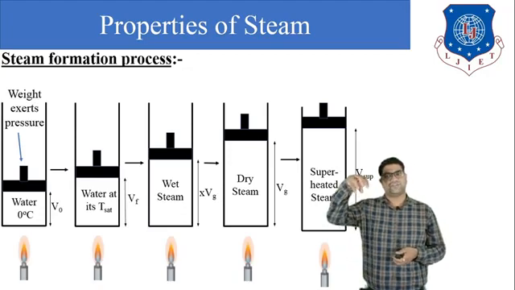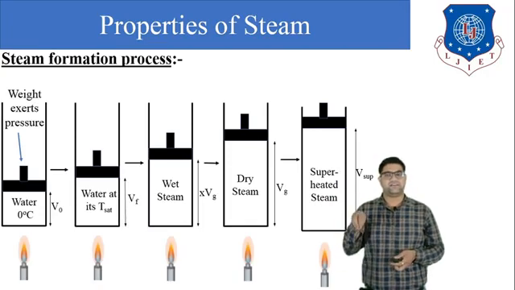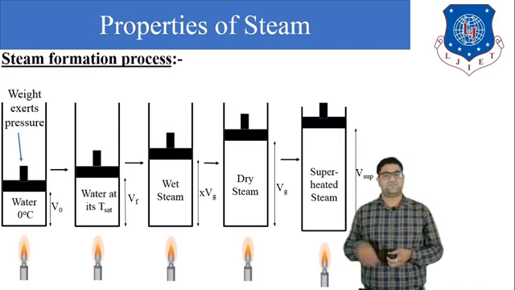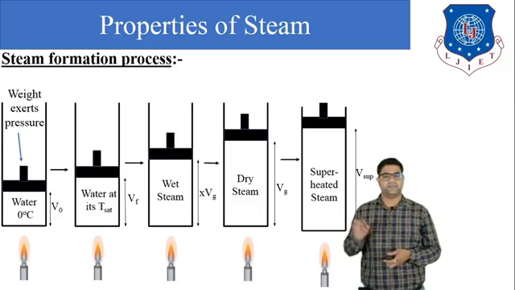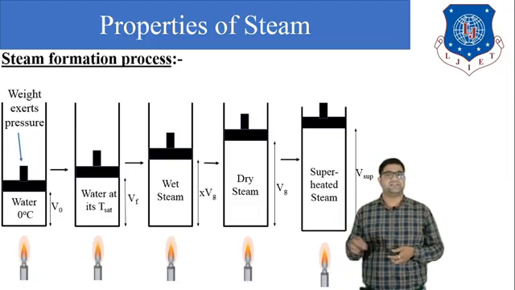We have put some extra weight over the water, and that weight indicates the pressure. So we have already applied some external force over the water, and we are going to supply heat with the help of the burner. This is our initial condition.